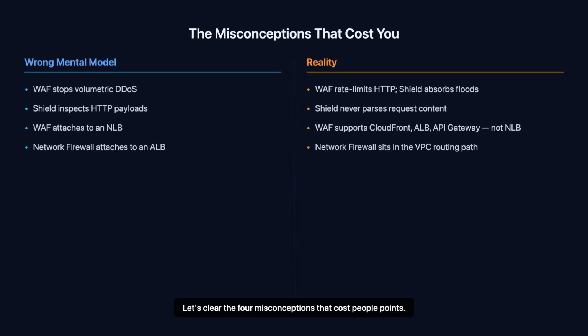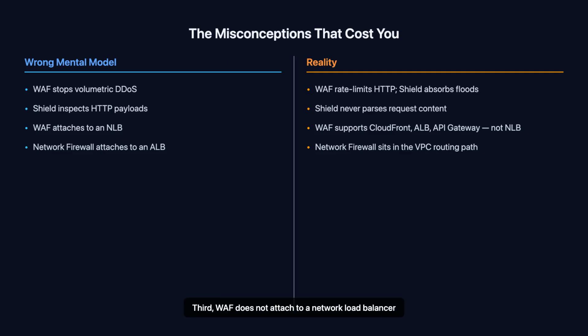Let's clear the 4 misconceptions that cost people points. First, WAF does not stop volumetric DDoS. It can rate limit HTTP, but absorbing a bandwidth flood is Shield's job. Second, Shield never inspects HTTP payloads. It doesn't parse request content at all.